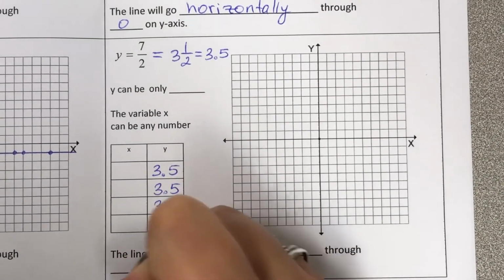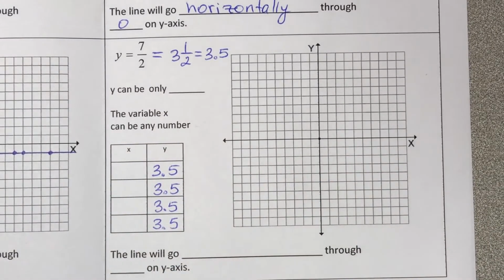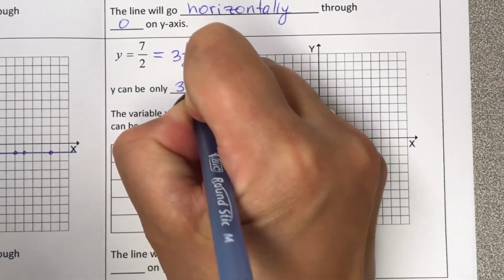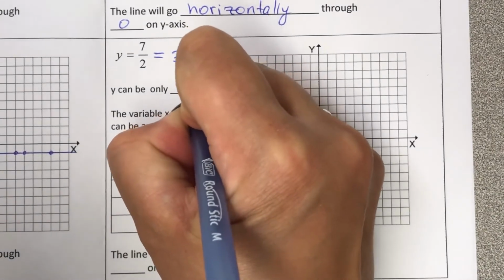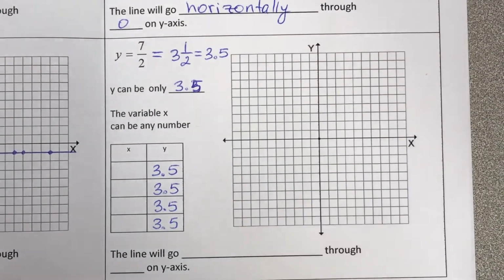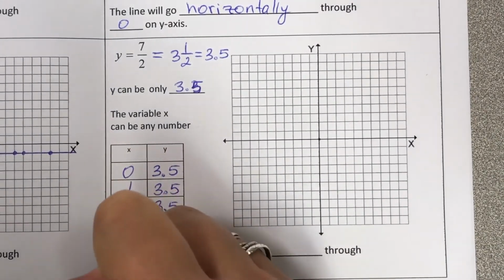So 7/2 is the same as 3 squares and a half, 3 and a half or 3.5. So y can be only 3.5, which is 7/2, or 7 divided by 2. X can be any number, so let's say 0, 1, 3, 5.